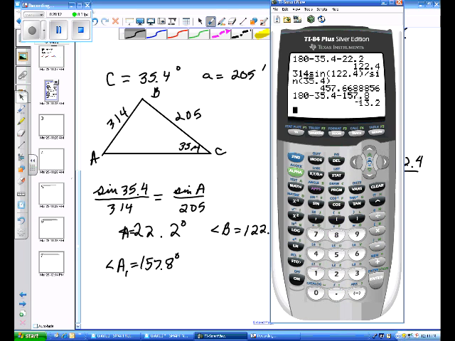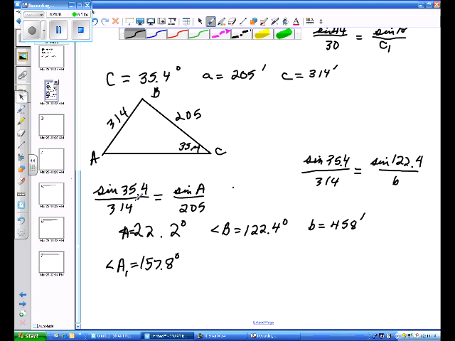And if you'll notice, what we get is negative 13.2 degrees. Well, we can't have a negative angle in a triangle. So it's saying that this angle's too big along with this angle to leave you enough degrees. These two angles add up to be more than 180. So that means that we only have one triangle. Angle A could not be 157.8. So we only have one triangle, and we didn't have to do that much extra work to find that.